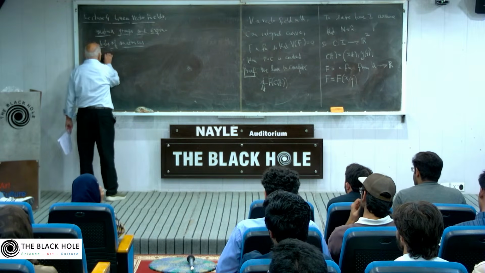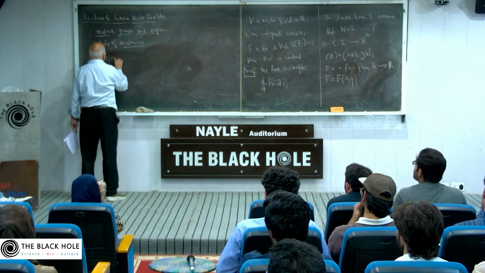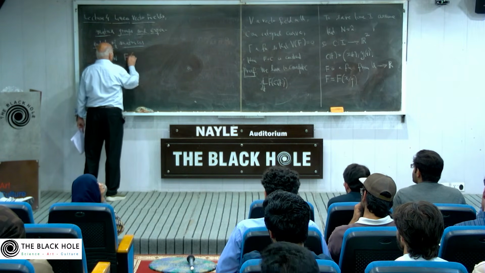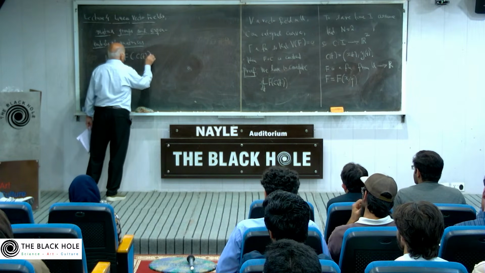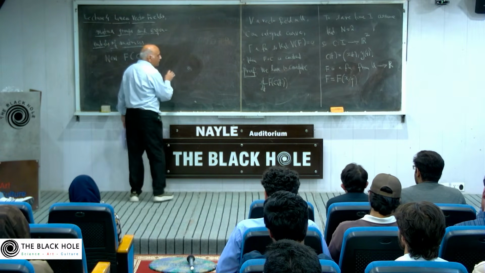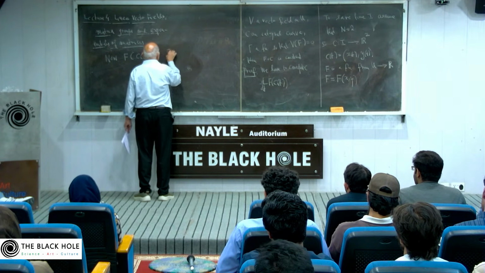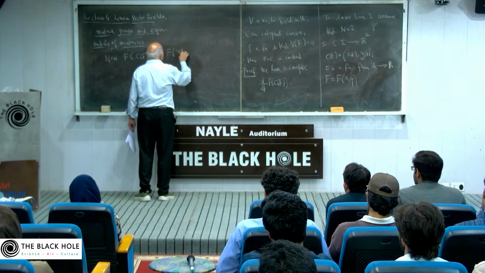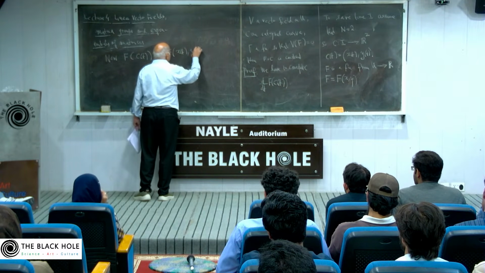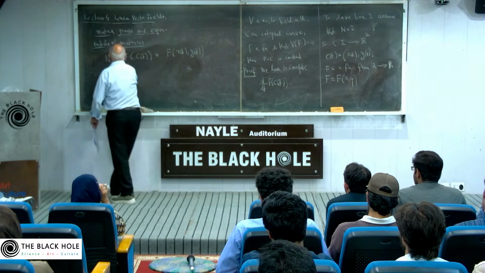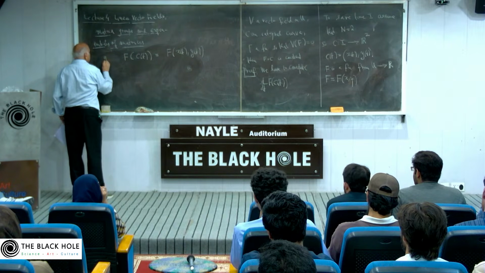So now F composed with c(t) is equal to F of x(t) and y(t). Let's call it g(t).